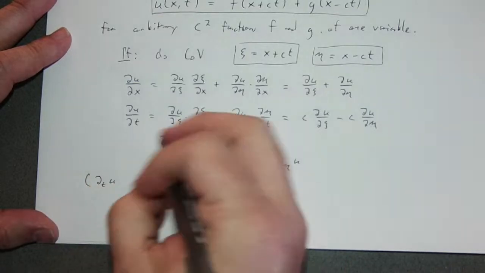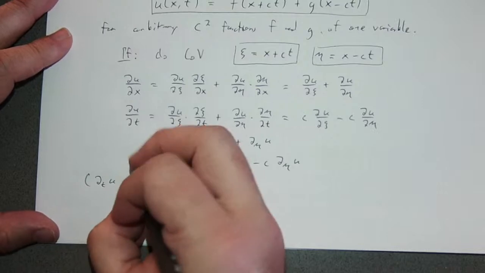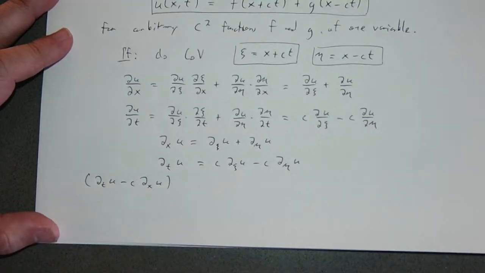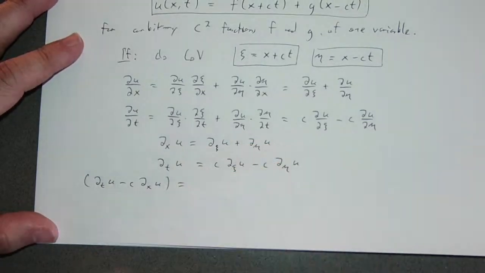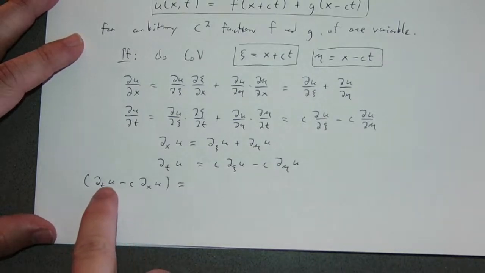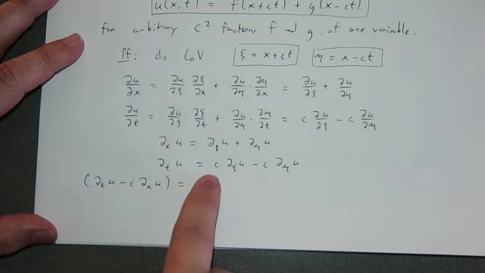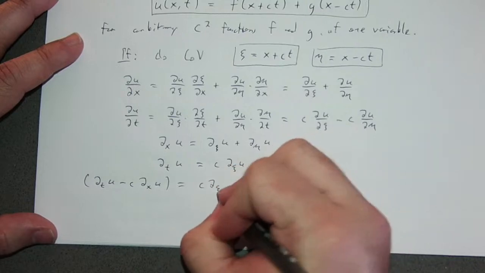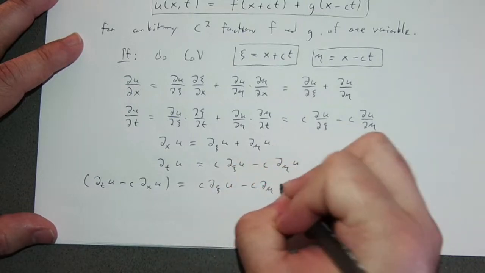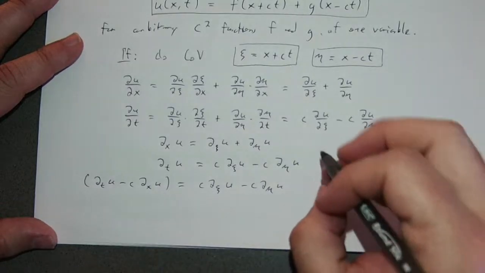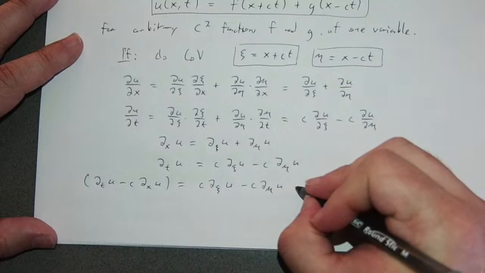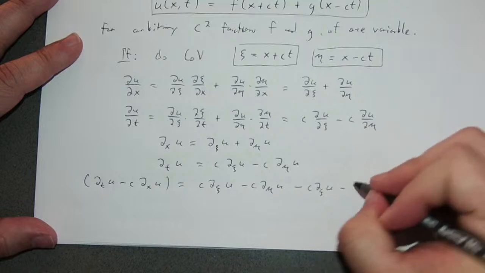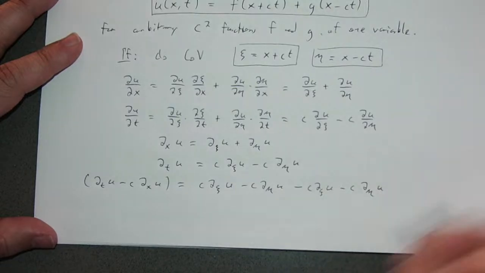So this is del sub t of u minus c del sub x of u. What is that? Del sub t of u is c del sub c of u minus c del sub eta of u, minus c times del sub x of u. So this would be minus c del sub c of u minus c del sub eta of u.